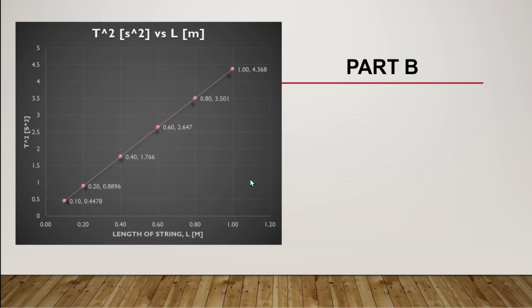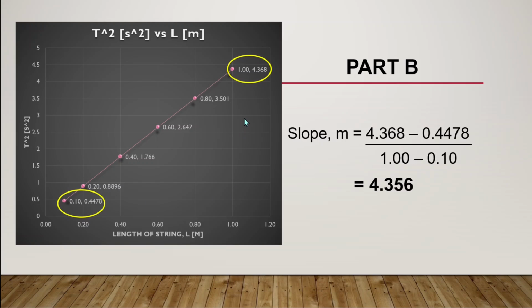Same, y-axis T-square, x-axis L, and use a big triangle to calculate the slope. So y2 minus y1, 4.368 minus 0.4478, over x2 minus x1, 1 minus 0.10. You calculate and you will get 4.356. The graph also increases linearly because it does not pass through 0.